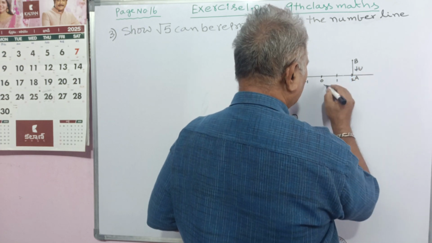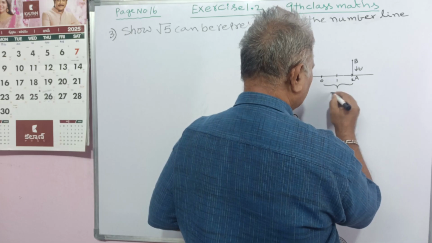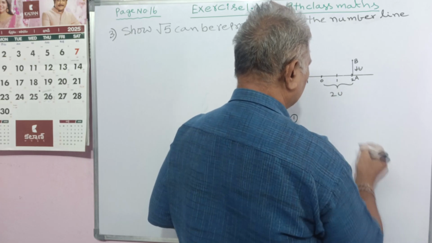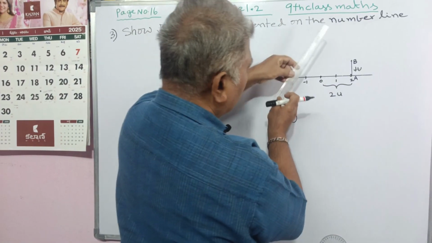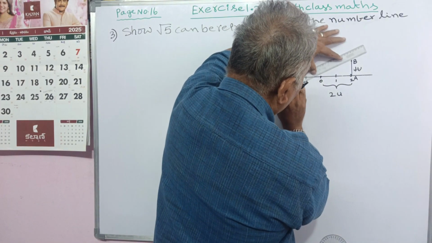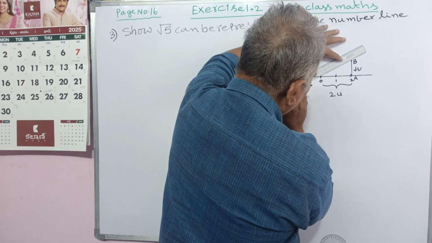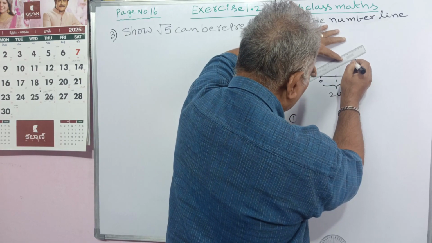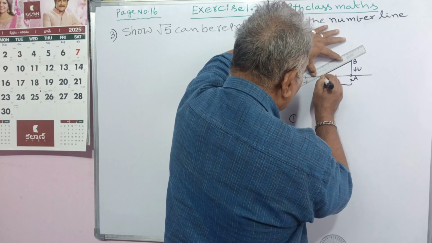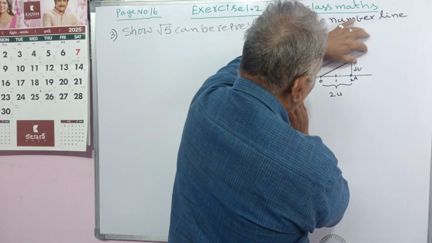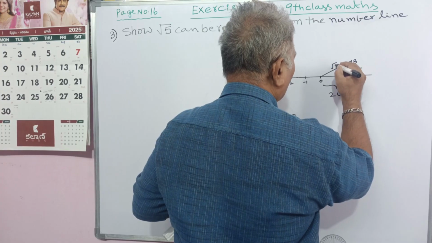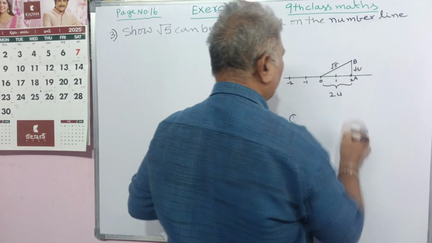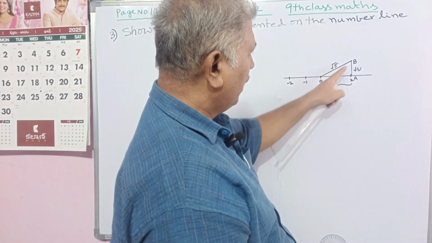And this is 2 units. And draw the OB line. This line is root 5.